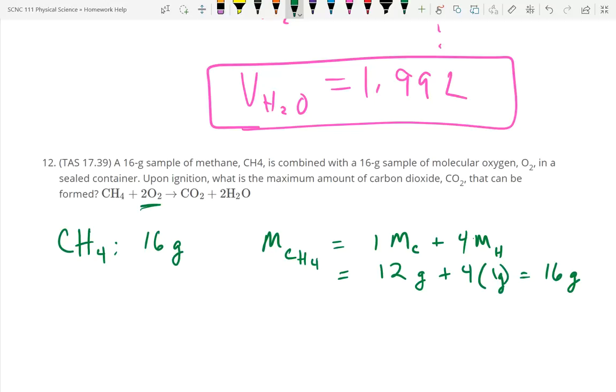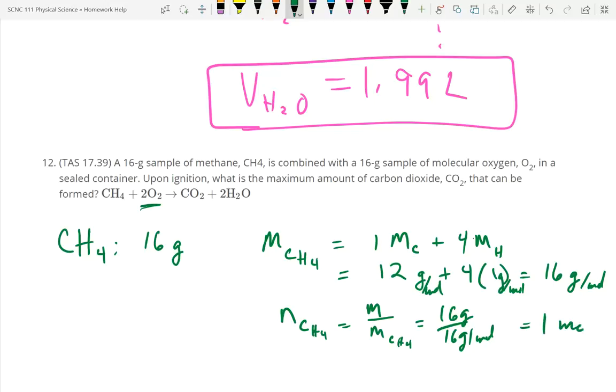So if there's 16 grams in a mole, and I have 16 grams, how many moles do I have? 1. Because the number of moles, n is the symbol we use for moles, is going to be the mass divided by the mass for a single mole. So these should have been per mole. Equals 1 mole. So we have 1 mole of methane. Then we look at the oxygen.